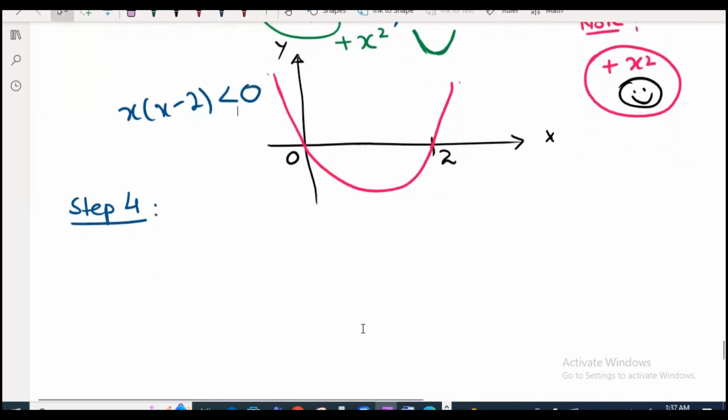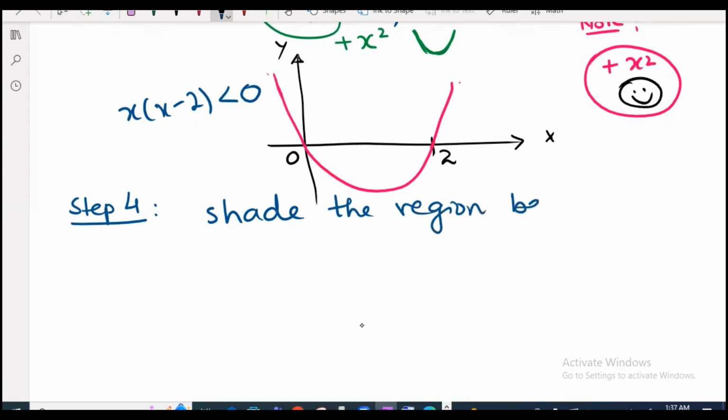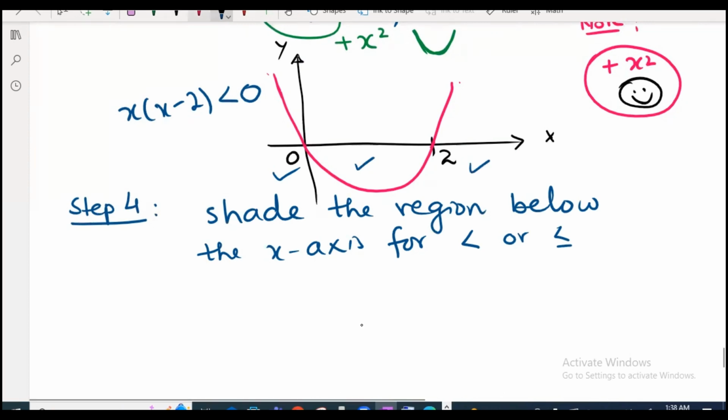So now, step number 4, shade the region below the x-axis for less than or less than equal to sign. But there are three regions below the x-axis, this region, and this region. So which region you have to shade?